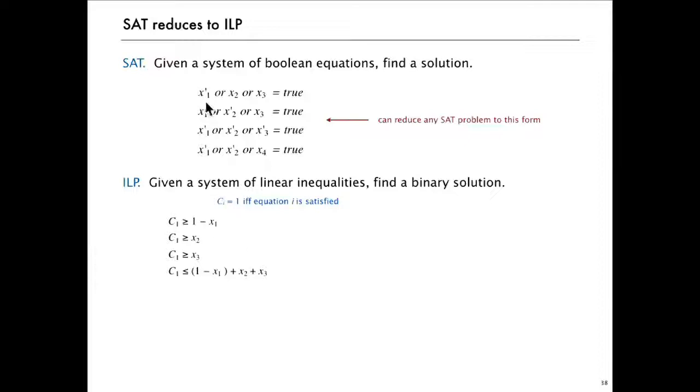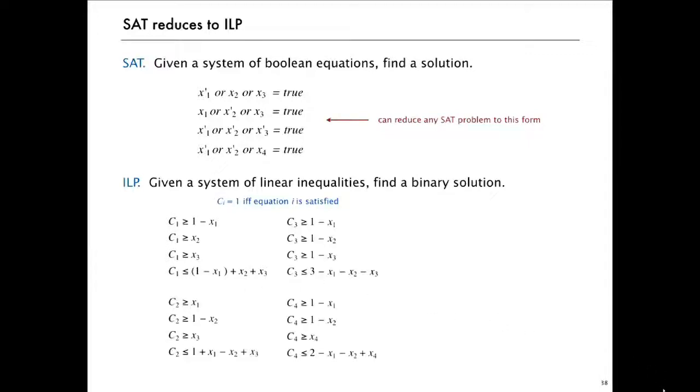That is, if there's a way to make each one of these terms 1, say by setting x1 to 0, x2 to 1, and x3 to 1, then those things will all be true, and then this one also will be true.